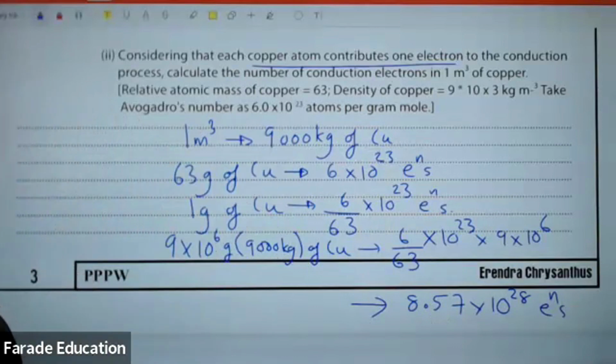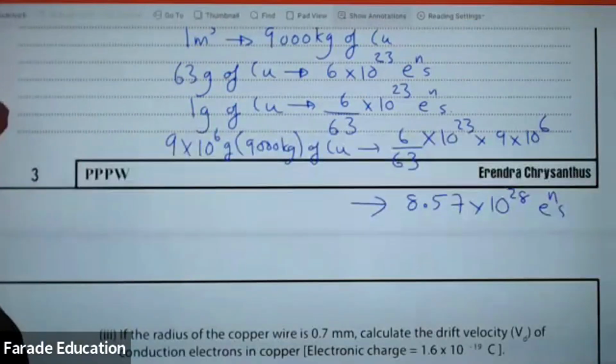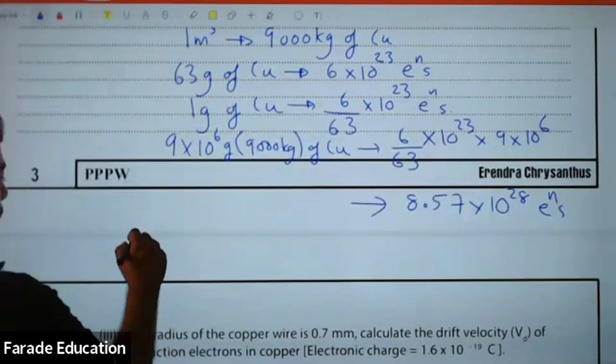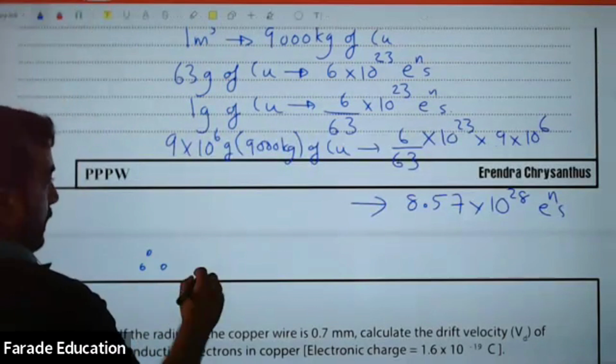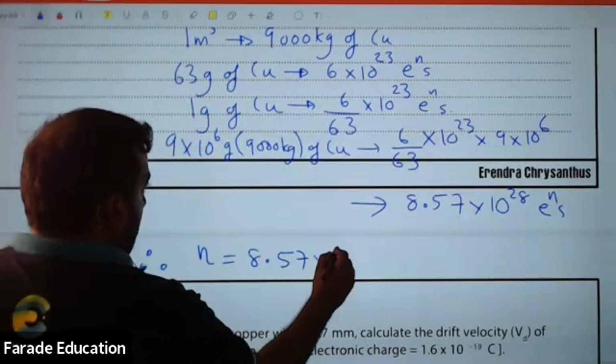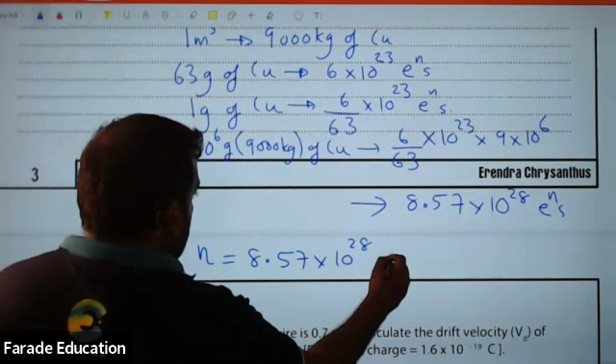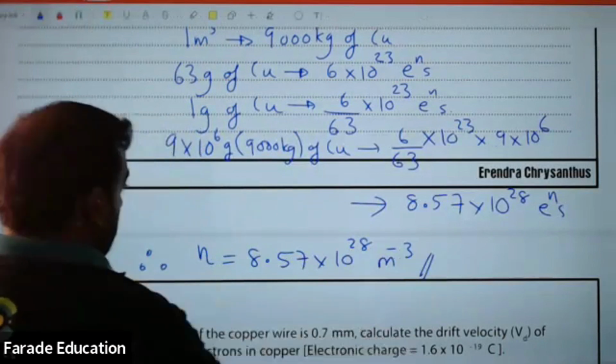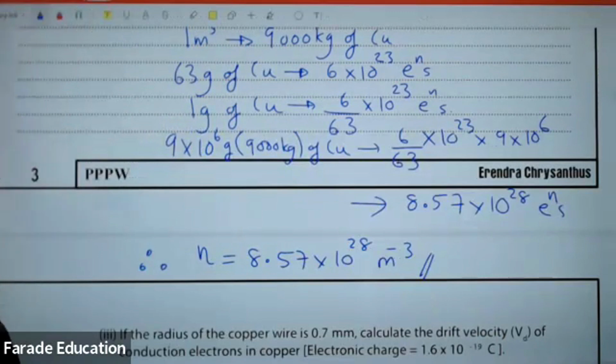Therefore, you can easily say n is 8.57 times 10 to the power 28 per cubic meter. Right. Moving on.